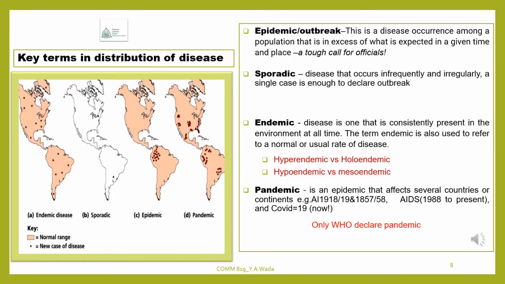We have the onchocerciasis, or we have the zoonotic leishmaniasis. They are all hypoendemic. They occur at a very low incidence and prevalence, usually within a small proportion of individuals. Then we have mesoendemic, where you have moderate, very low cases of infection.